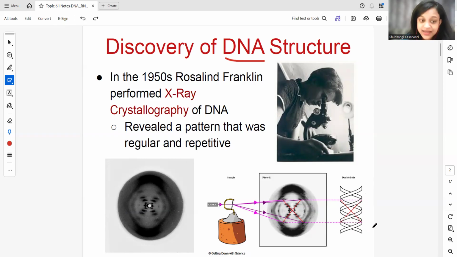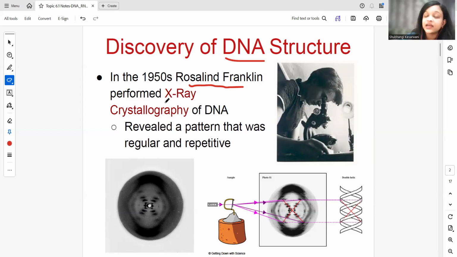There is one scientist called Rosalind Franklin, as you can see on your screen as well. This scientist took an X-ray picture of the DNA.